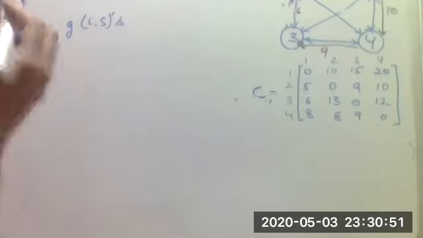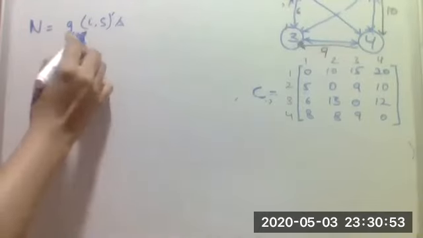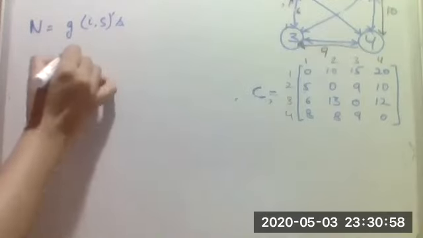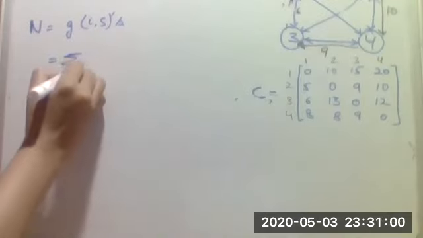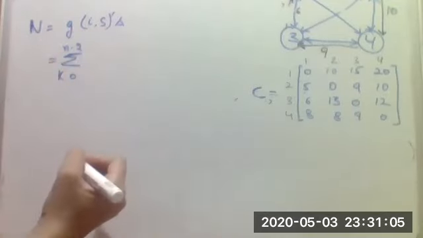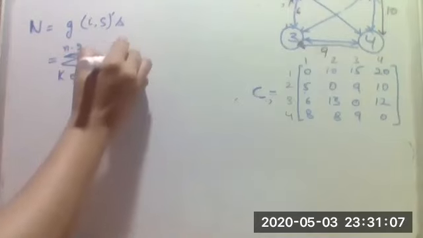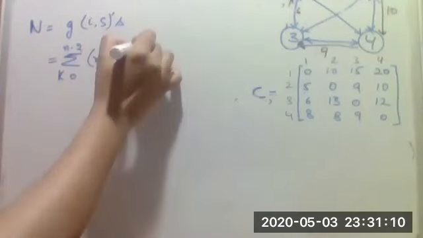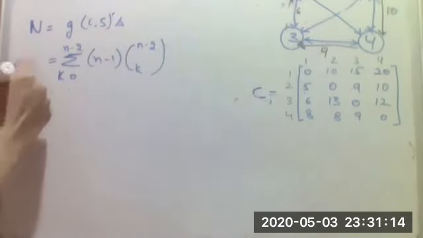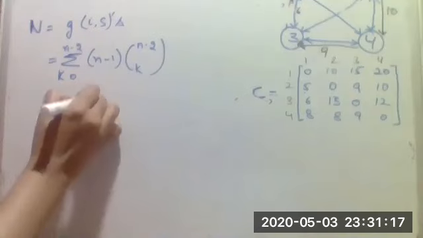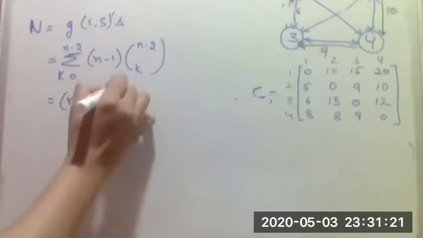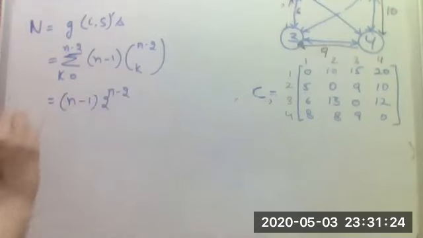So the time complexity here depends on how many Gs we are going to compute, and this is given by a summation sign that goes from 0 to n minus 2 for n minus 1 and the permutation of k to n minus 2, which is approximately equal to n minus 1 into 2 raised to power n minus 2.